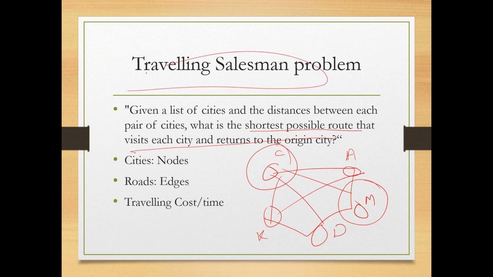The traveling salesman problem says that we have to travel all these cities and reach Chandigarh again, a return journey, with the shortest path. We will be covering and implementing this.